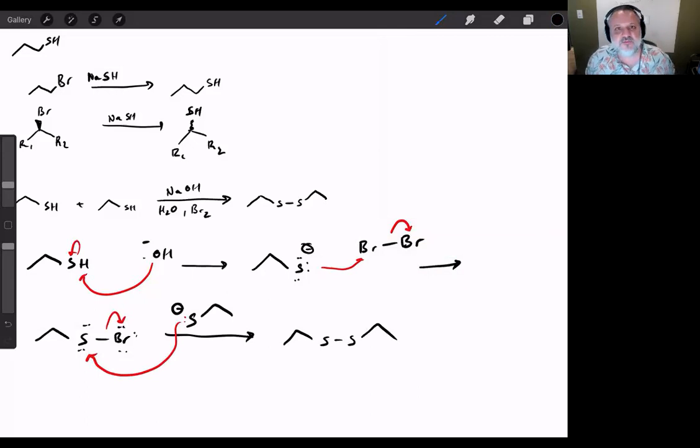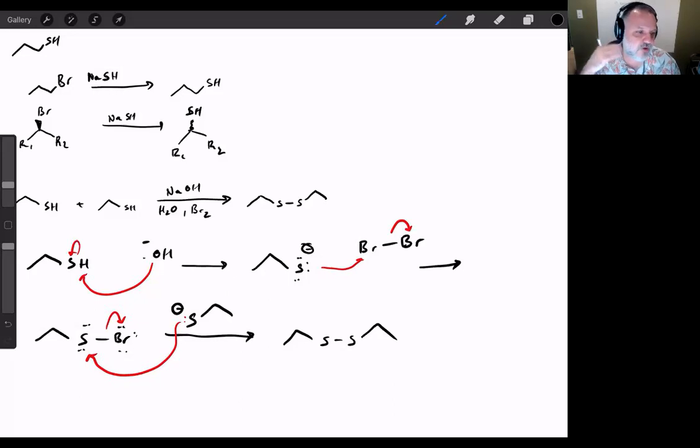And if any of you are interested, the proteins in your hair that make hair curly are disulfide bridges, and they're formed reversibly. These reactions are reversible, and these disulfide bridges form and break and then reform within the proteins of your hair.